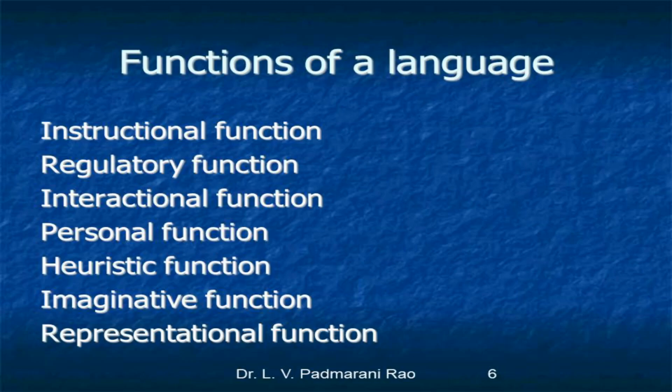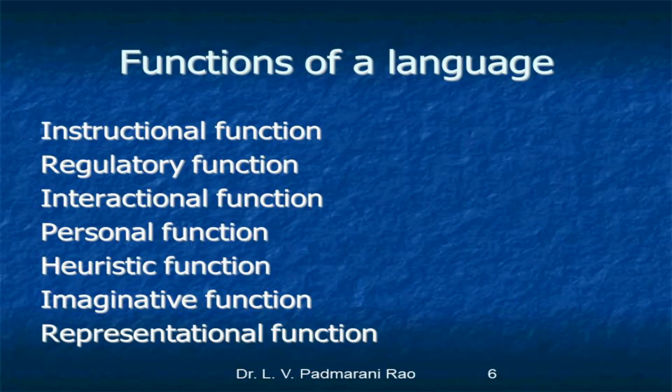Number three, interactional function, by which we mean using language, we interact with others. Number four, it has got personal function, by which we mean using language, we express personal feelings and emotions and communicate the meaning that we exactly want to communicate to others. Number five, heuristic function.